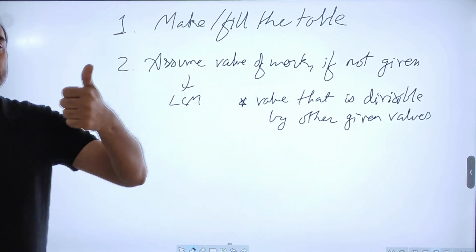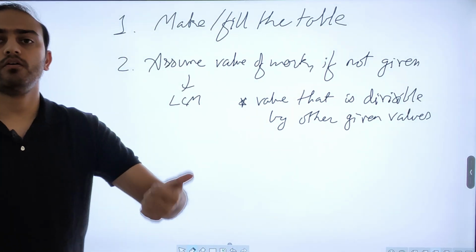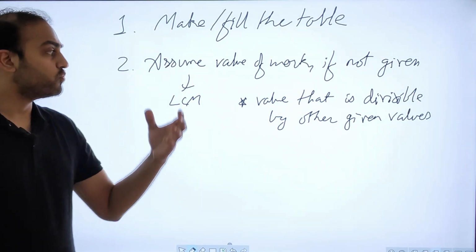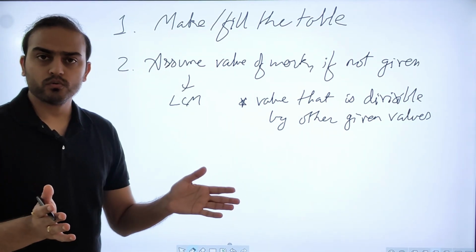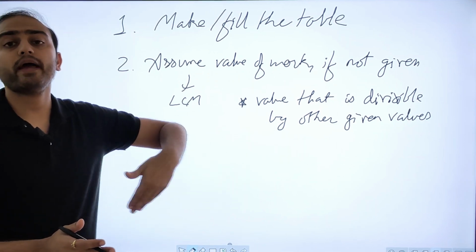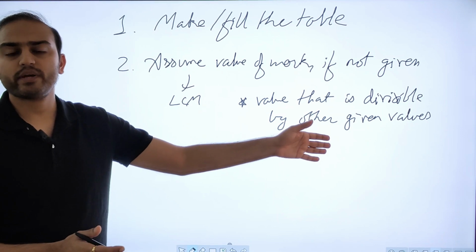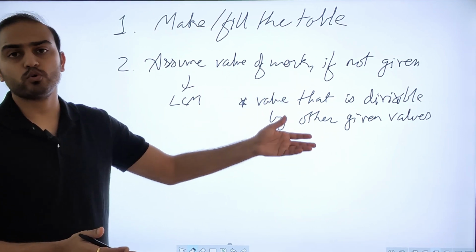Work gets divided by rate to give you time. Work gets divided by time to give you rate. So simply take a big value which is easily divisible by all the other values given in the question. As we solve some questions, you will see how to take these values.